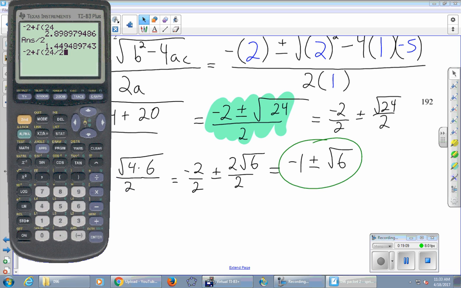And what did it do when I typed the square root symbol? It put parentheses. I didn't type those parentheses, but the calculator did as a default. So I've got to close the parentheses even though I'm not the one that put them in there. Okay, now it's not in the square root. Is this right? It looks okay. I know the correct answer is 1.449. That ain't it.